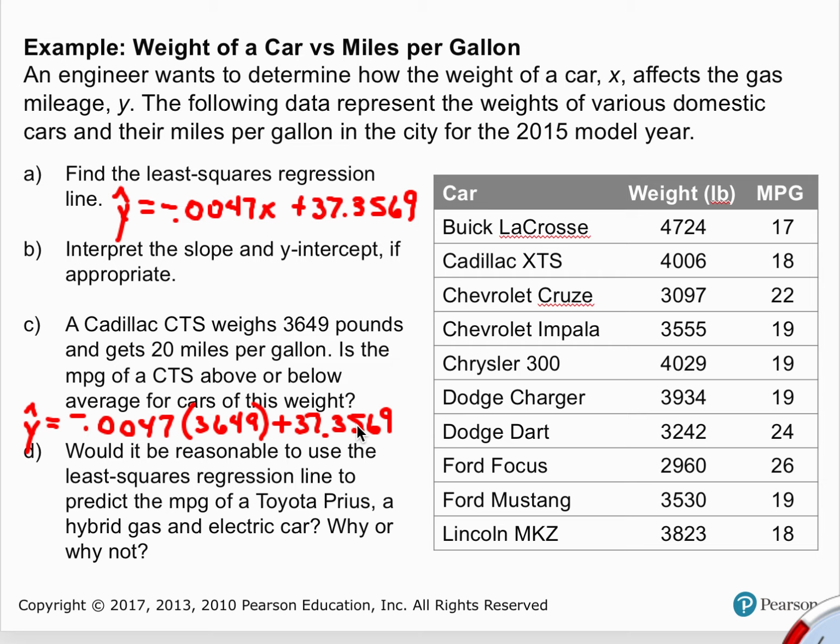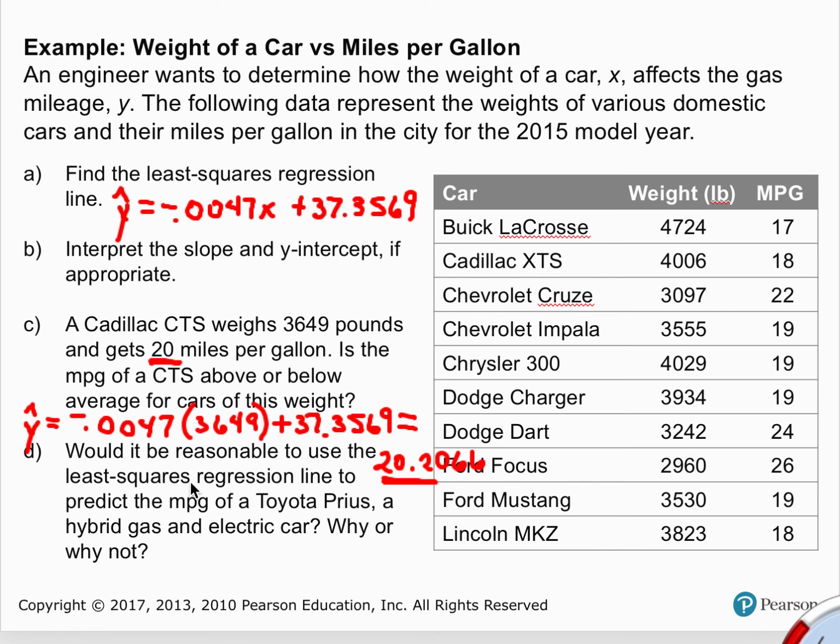And I get 20.2066. Okay. So is the miles per gallon of a CTS above or below average for cars of this weight? Okay, the average is 20.2 for a car of this weight, and this one gets 20. So it's below average for a car of that weight.